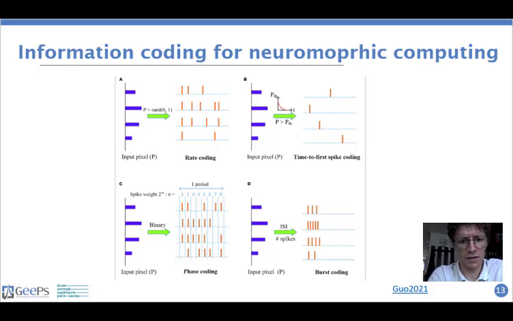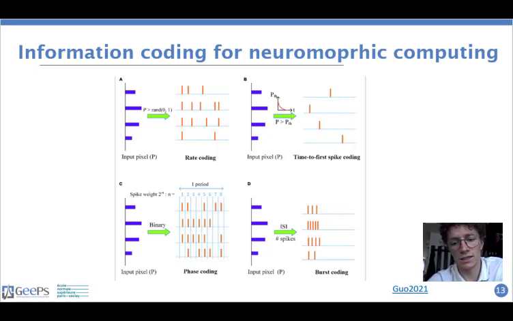So the main result is, as we might guess, that time to first spike coding, which is a temporal code, provides the best computational performance with low hardware implementation cost compared to rate code, because it's fast and pretty easy to implement.